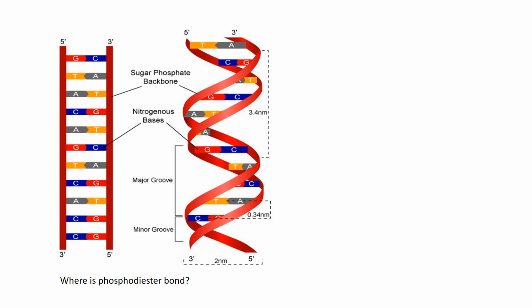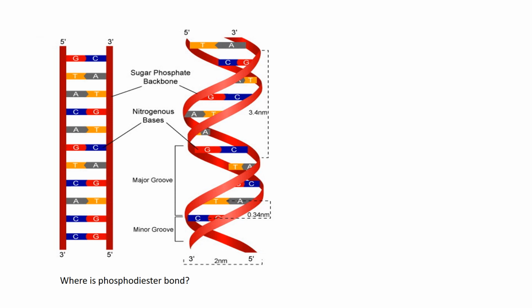Actually, the restriction endonuclease and exonuclease groups of enzymes cut this sugar phosphate backbone. These are the hydrogen bonds. G pairs with C, A pairs with T. These are the hydrogen bonds, and they don't act on hydrogen bonds.